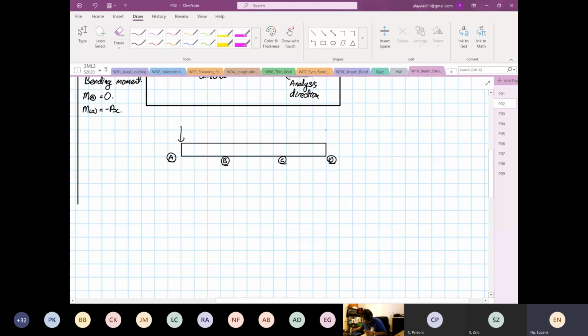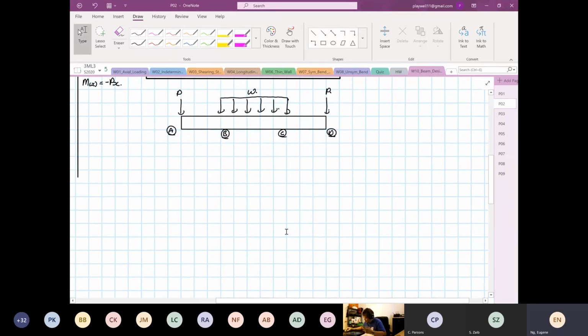This is our point load. Then we have an evenly distributed load, which is equal to omega. Then directly below, we're going to draw our shear force diagram.